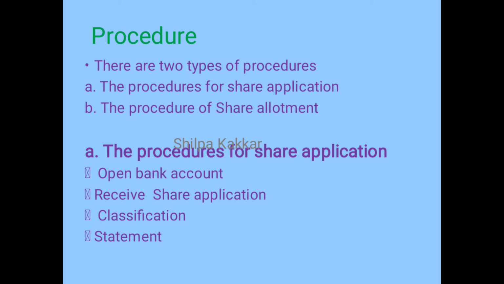In the same way, when the procedure for share application starts, it is divided into 4 parts. First thing, what does the company have to do? A company has to open a bank account to keep the share application amount separately, so that it does not get mingled with the amount of the company, so that the company comes to know about the collection.